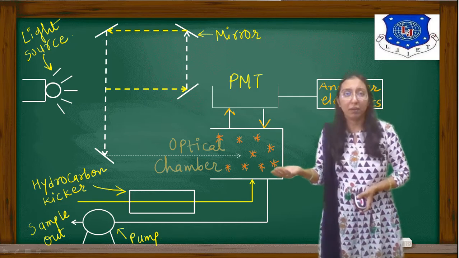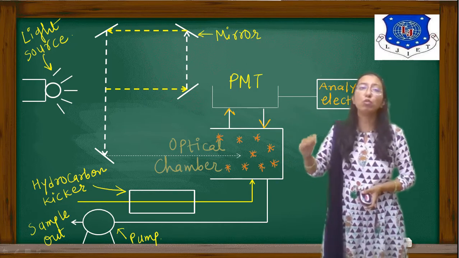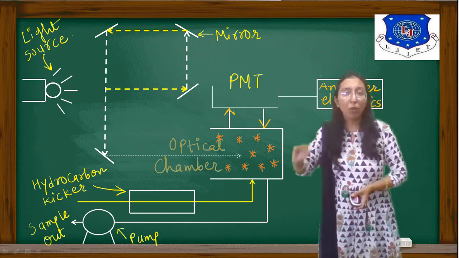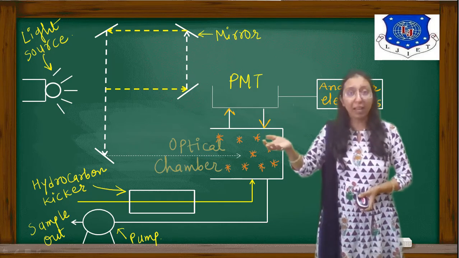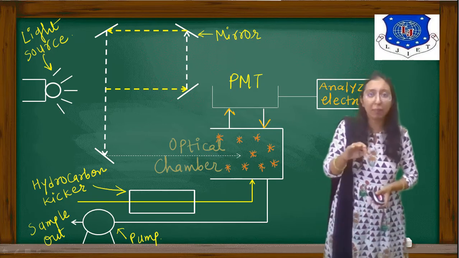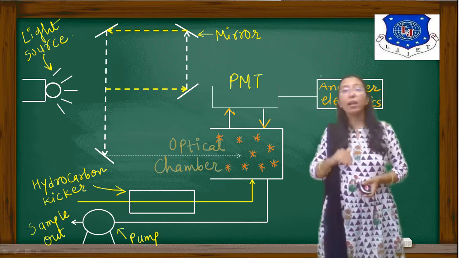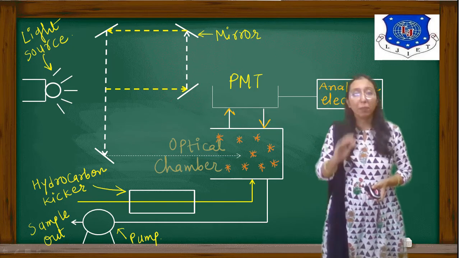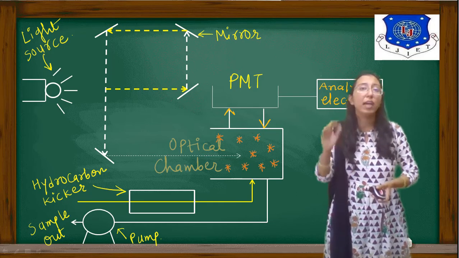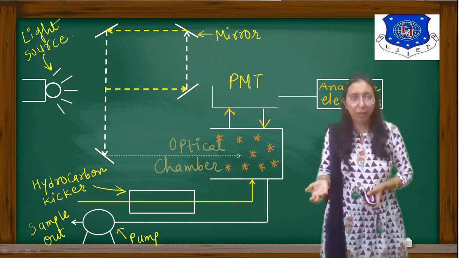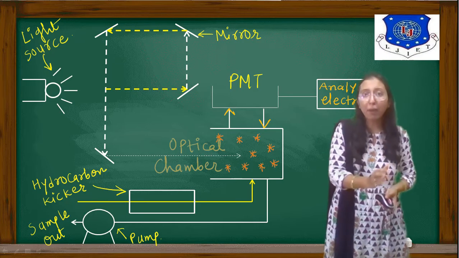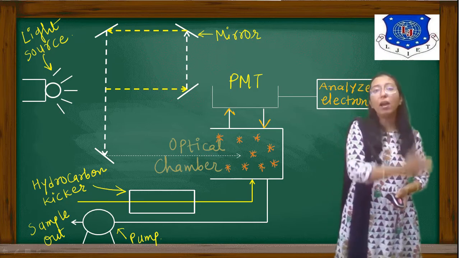Then the signal goes to the photomultiplier tube, and from there to the analyzer electronics, with a return to the photomultiplier tube and the optical chamber. After the optical chamber we have the flow sensor, then the sample goes to the pump and the pump sends the sample out.